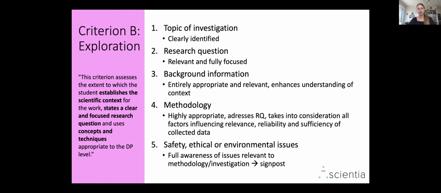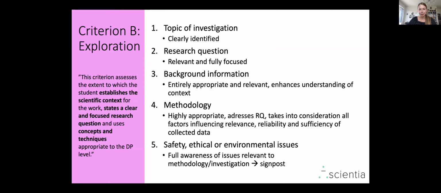Whoever's reading your IA should, from your research question, already know what this IA is going to be about. Then you should also have background information, which needs to be appropriate and relevant. Don't just write about the entire topic in the syllabus, but really just things that will enhance understanding of the context. If you need a little bit of additional information that might not be in the IB syllabus, you can include that here.